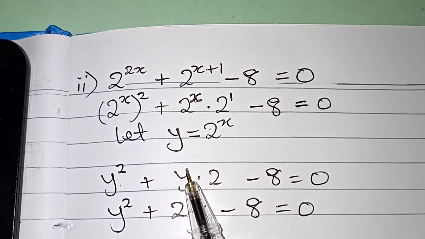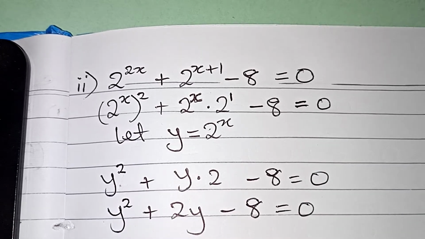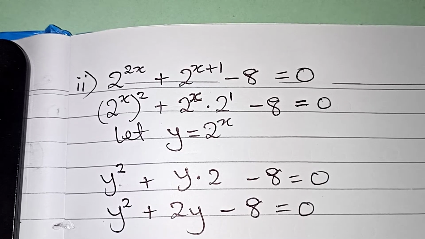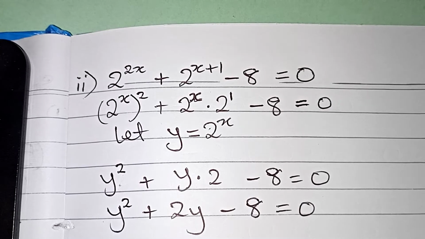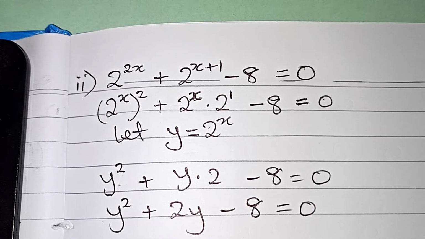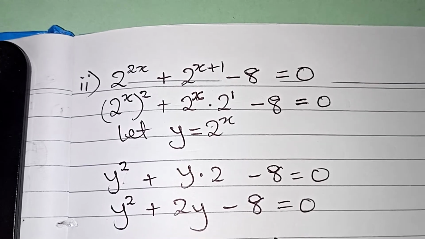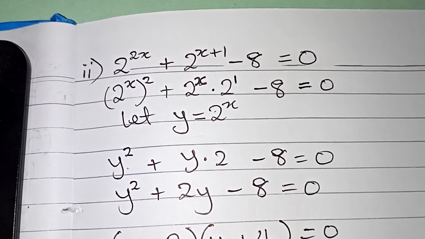So we are letting y, you can choose any variable as I told you, or alphabet, be equal to 2 raised to power x. So the 2 raised to power x now, we can have it as y in the expression.